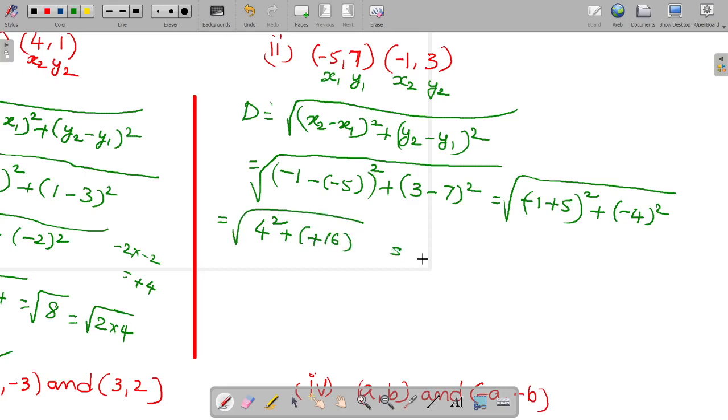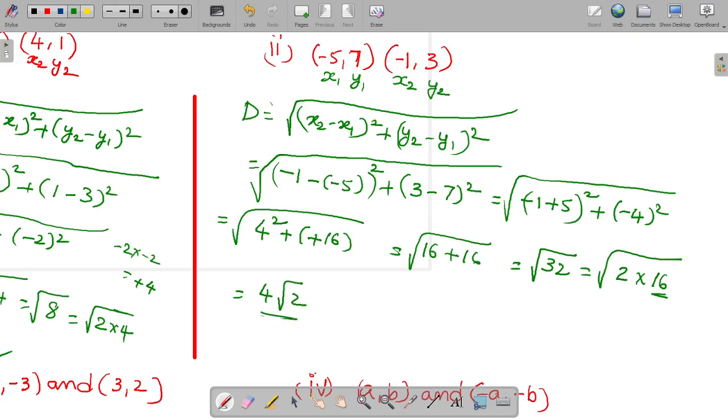Square root of 16 plus 16 is square root of 32. Square root of 32 can be written as square root of 2 into 16. So square root of 16 is 4, and 4 root 2 is the answer.